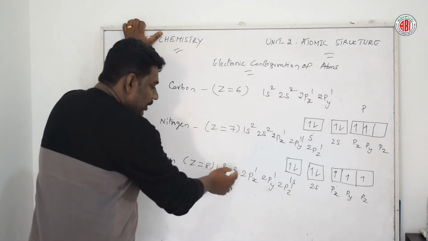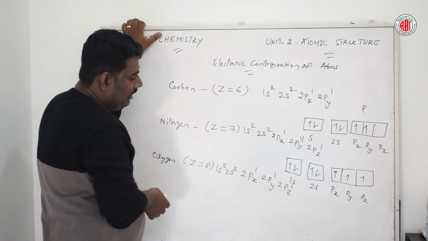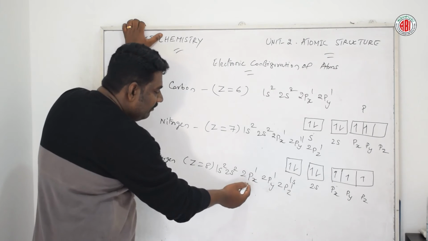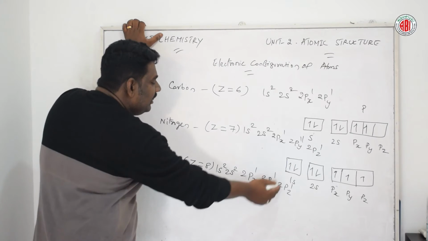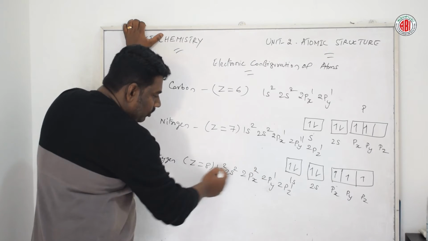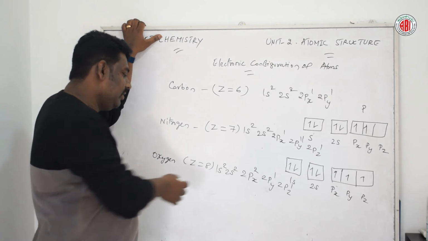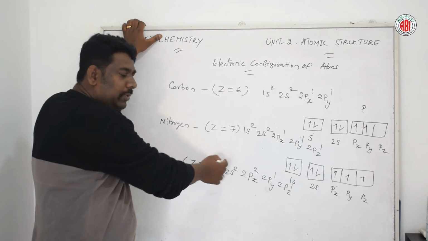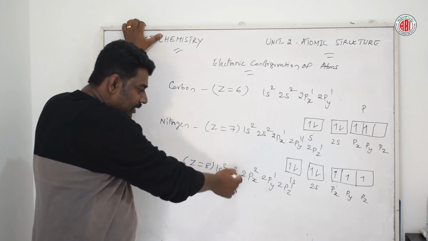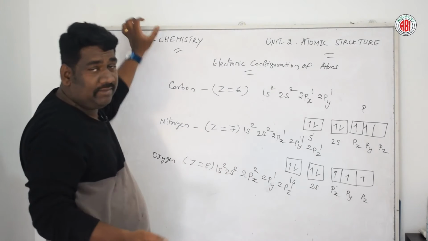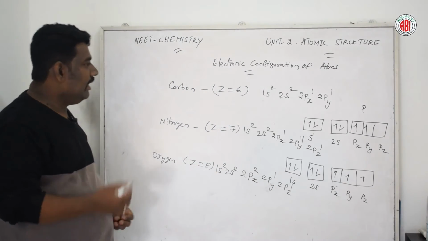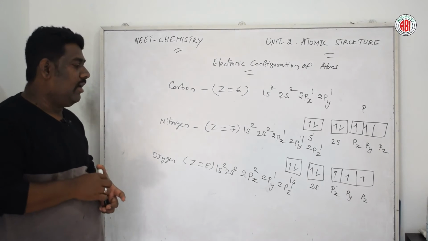So 2 plus 2 is 4, 4 plus 3 is 7. Now one more electron is left over, which is filled in the lowest energy p orbital, 2px, so we write 2px2. Now calculate the total: 1s2 is 2, 2s2 is 2, 2 plus 2 is 4, 2px2 is 2, so 6. The rest of the electrons are shared with 2py and 2pz.